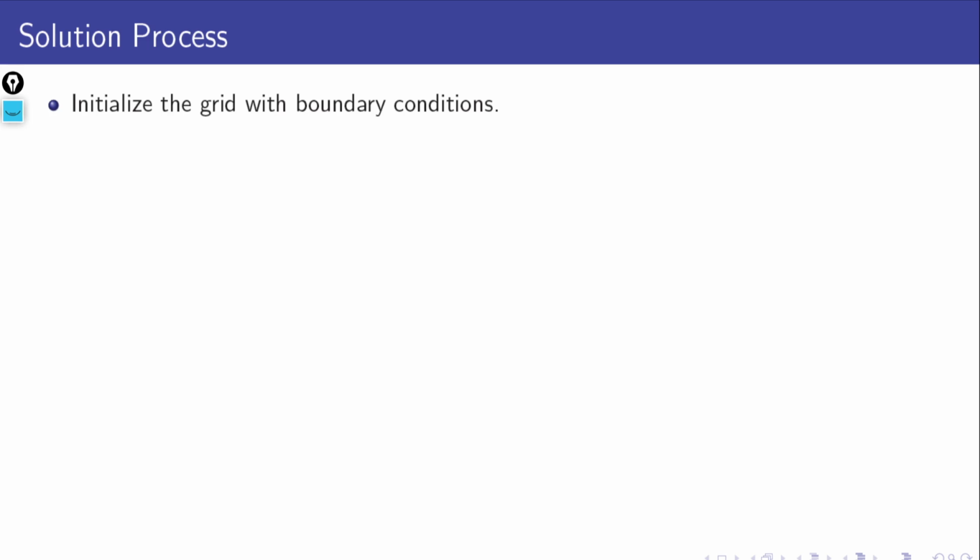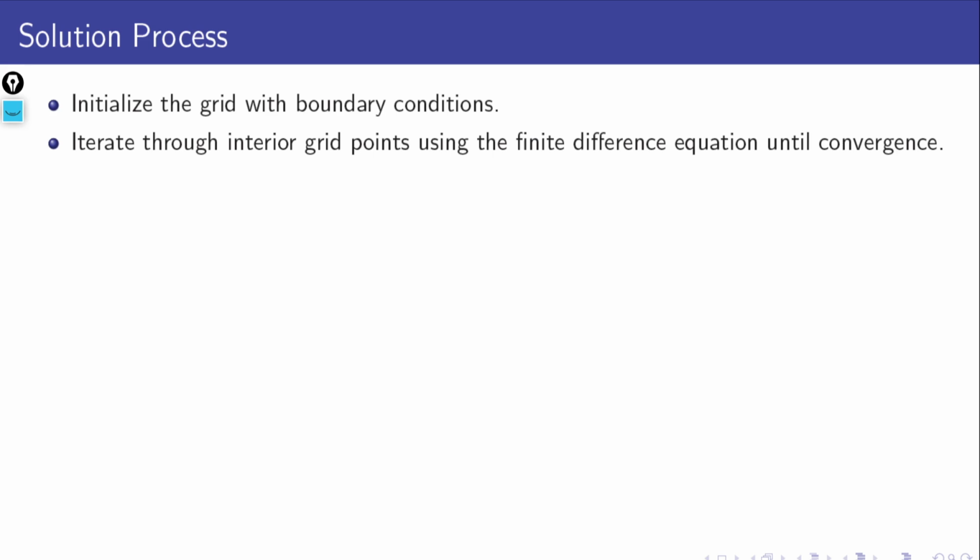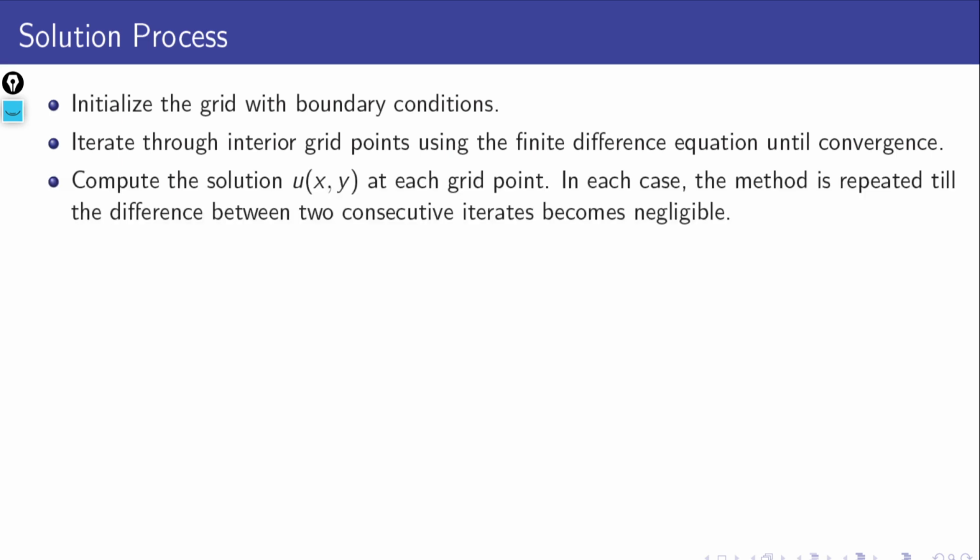First we need to initialize the grid with the boundary conditions, then iterate through the interior grid points using the finite difference equation until convergence. Then compute the solution u(x,y) at each grid point. In each case, the method is repeated till the difference between two consecutive iterates becomes negligible.